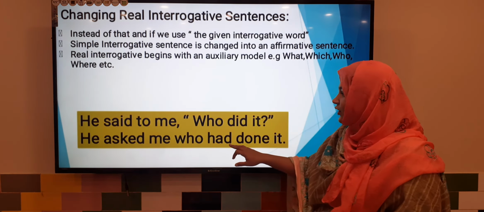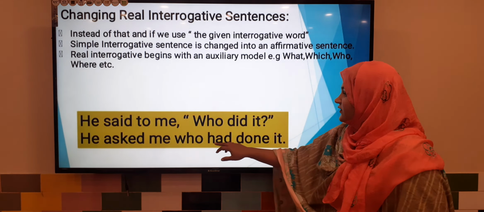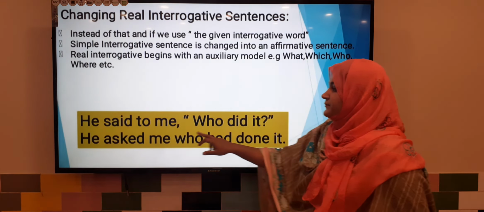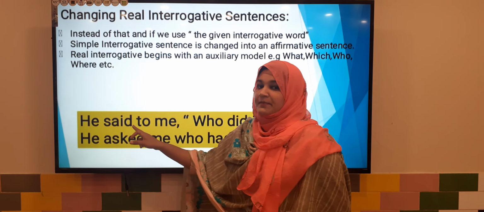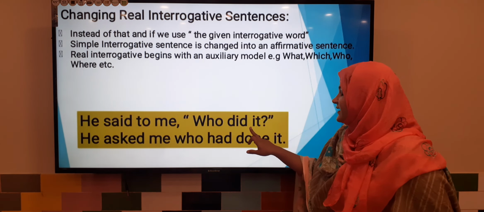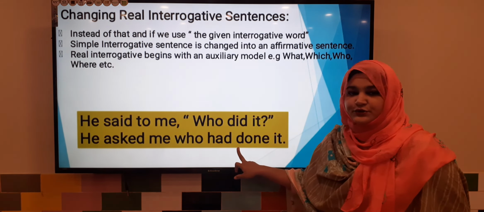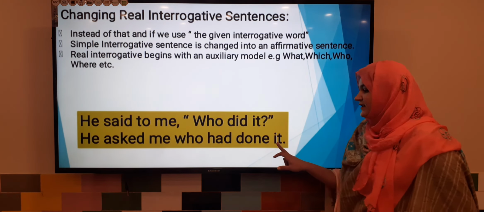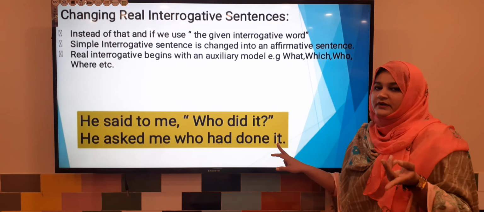Who had. Now notice, this is a past simple. I have changed the tense here because I reported the speech in the past tense. So did has been changed into had. It means past simple has been changed into past perfect. Who had done it? And it will remain the same, as I told you in rule number 2.